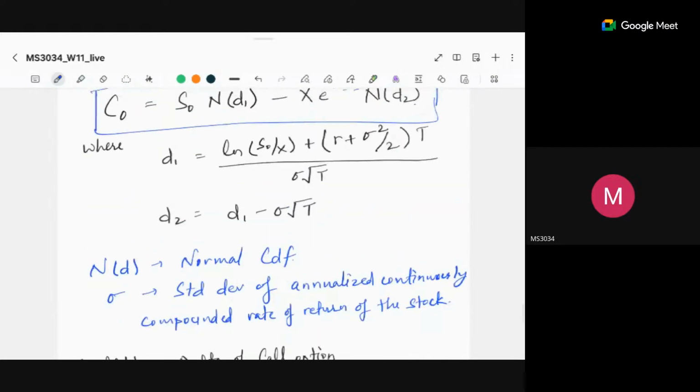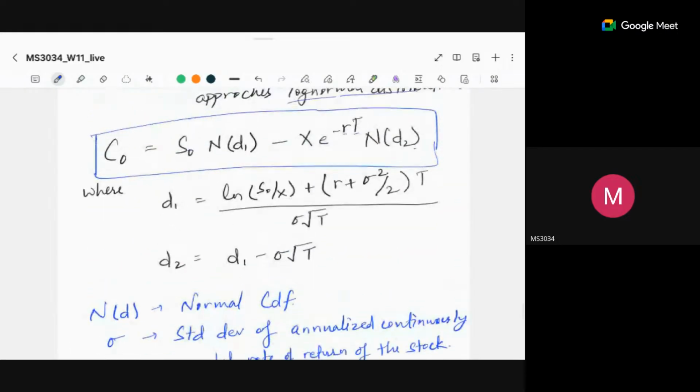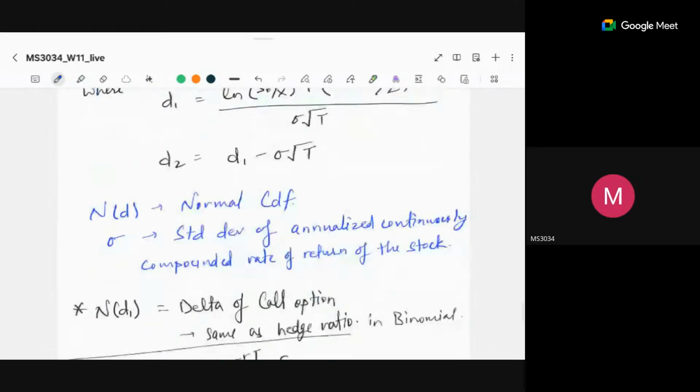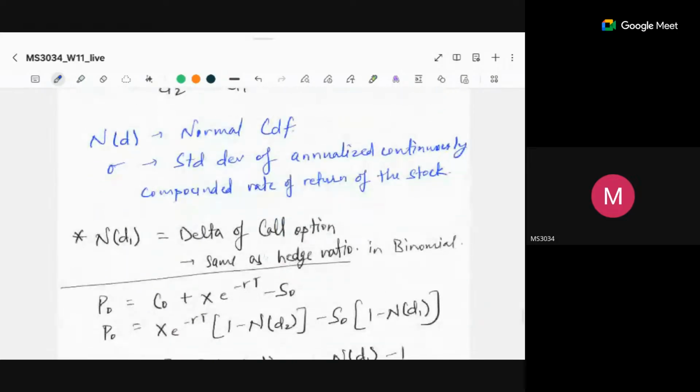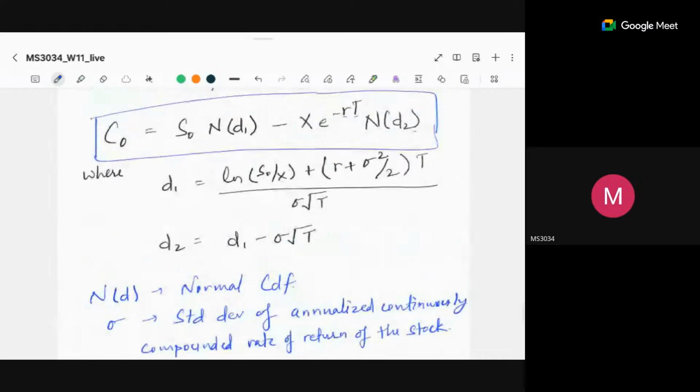Okay. Now the key point to note here is this N(D1). N(D1) is the value which is getting multiplied with S naught for the call option. That means it tells you that if the stock price changes by some value, my call option price is going to change by N(D1).